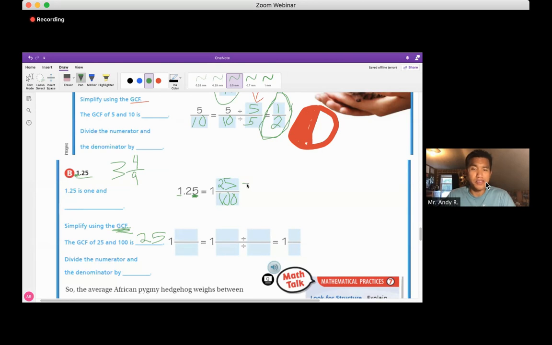So we can divide both the numerator and the denominator by 25. What is the answer? 25 divided by 25 is 1. 100 divided by 25 is 4. And then we have this whole number here, 1. So here's our answer: 1 and 1/4.